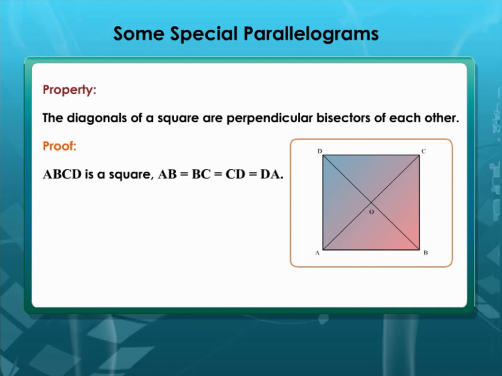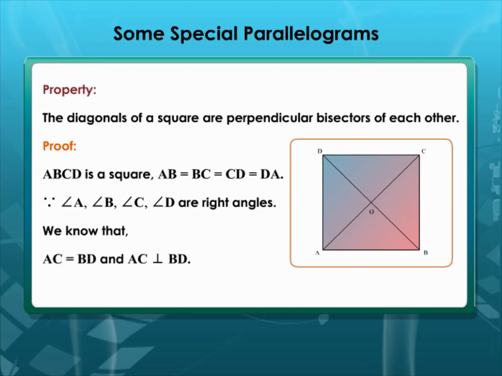ABCD is a square. AB is equal to BC is equal to CD is equal to DA. Since angle A, angle B, angle C and angle D are right angles, we know that AC is equal to BD and AC is perpendicular to BD and OA is equal to OC and OB is equal to OD.